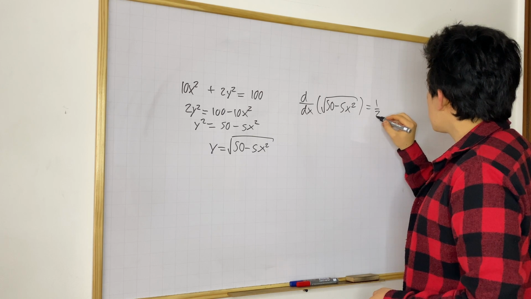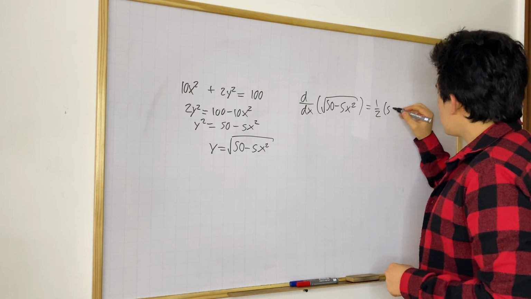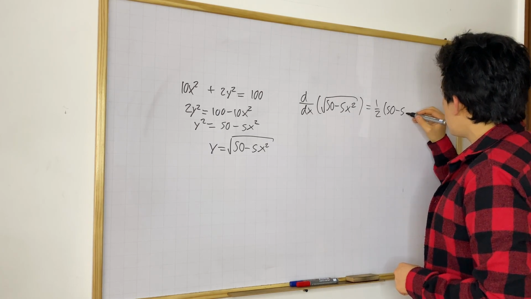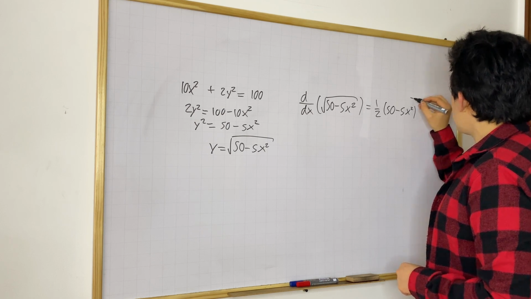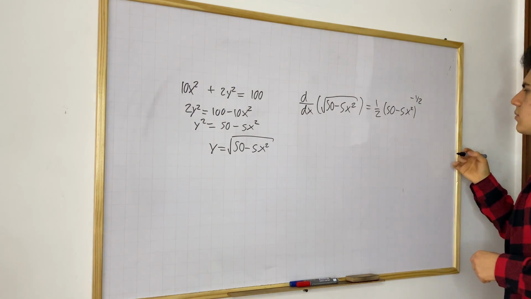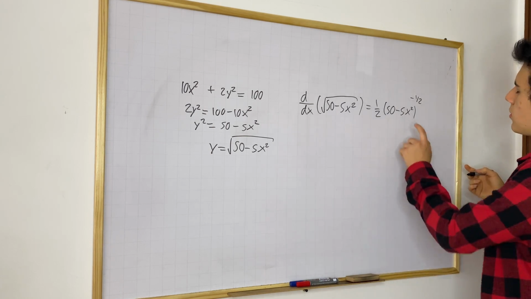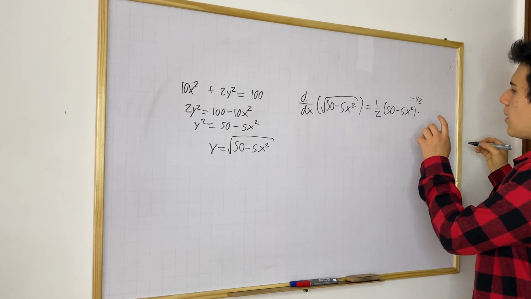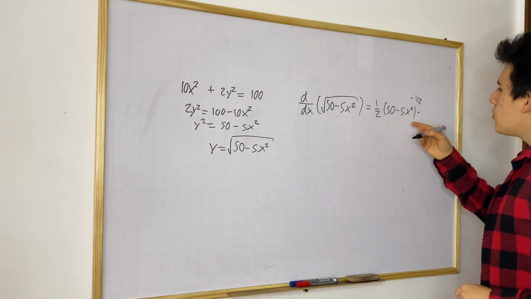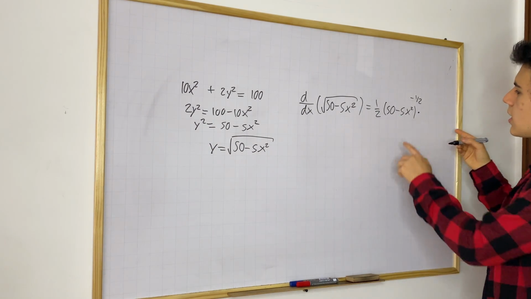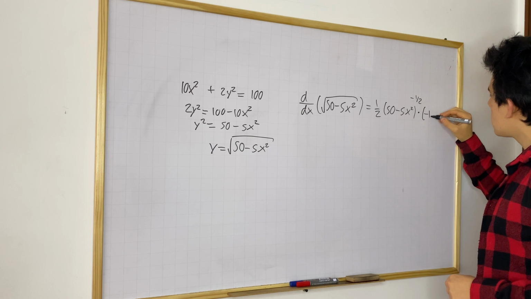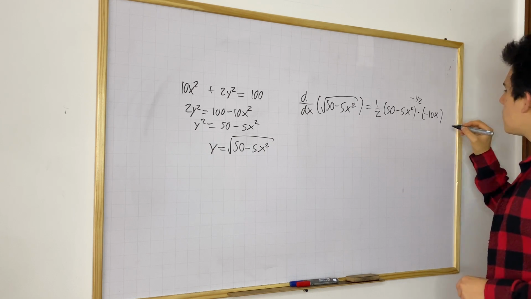And this is going to be 1/2 times the same thing, 50 minus 5x squared, with exponent of minus 1/2. And we multiply, because remember we need to do the chain rule, by the derivative of the inside, which in this case the constant goes to 0 and we get minus 10x. Okay, this is how much we get.